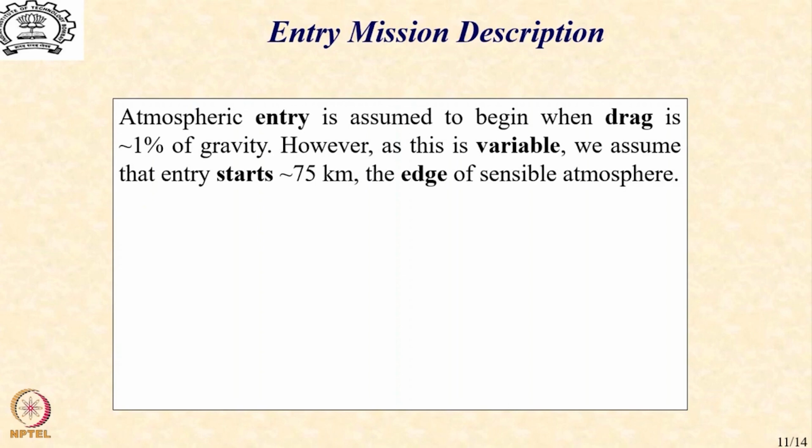And this we find is going to happen at a higher altitude of about 75 kilometers because our velocities are very large, and because of which our entry altitudes generally will be of the order of 80 to 120 kilometers.